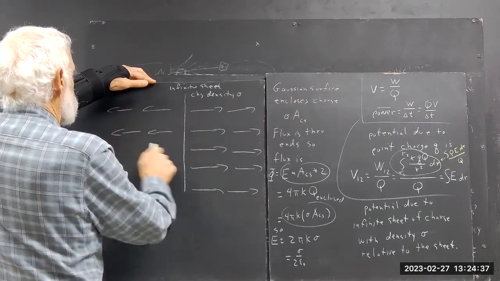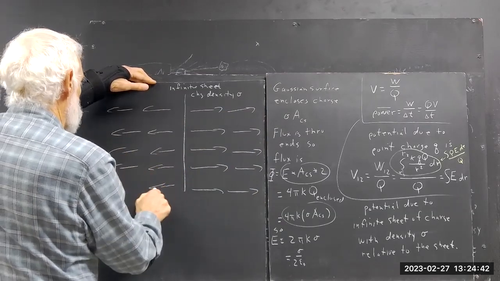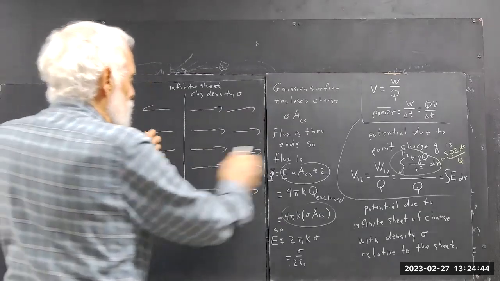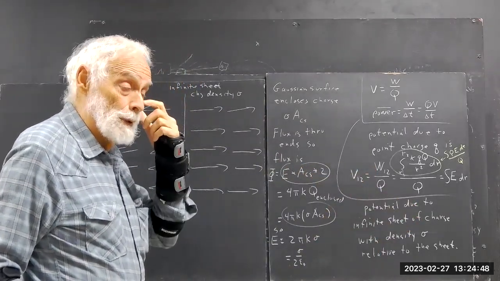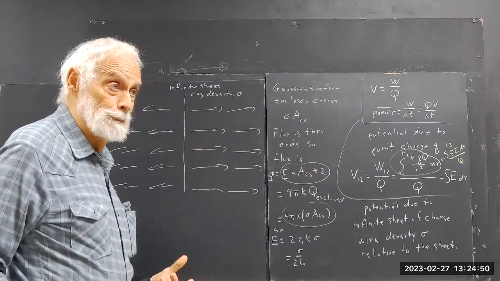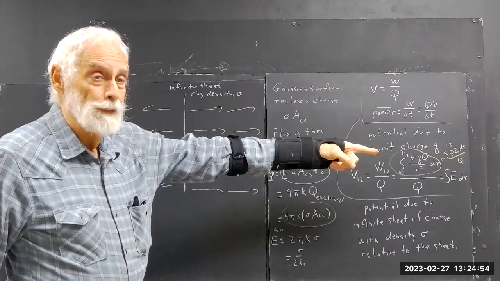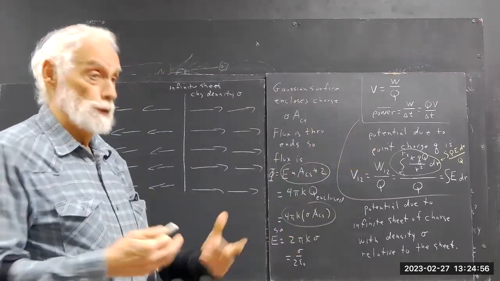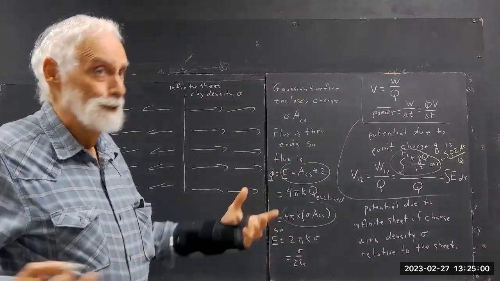Assuming sigma is positive; if it's negative, the arrows reverse. All the arrows have the same length because it doesn't matter how long this tube is. By the symmetry of an infinite sheet, the field is always straight away from the sheet. If it wasn't, rotating the sheet would change the field, but a rotated infinite sheet is just an infinite sheet.